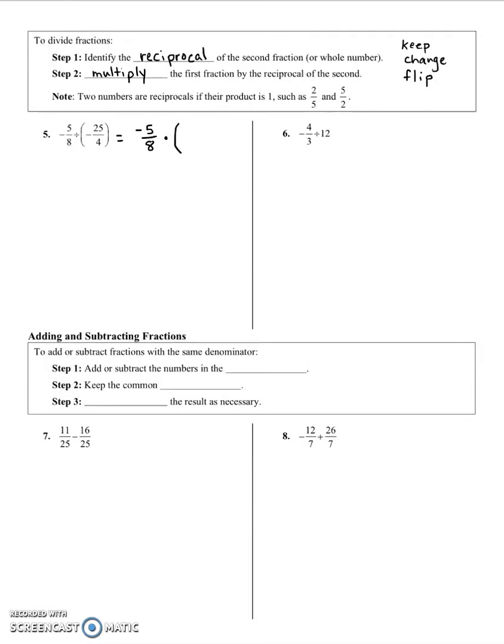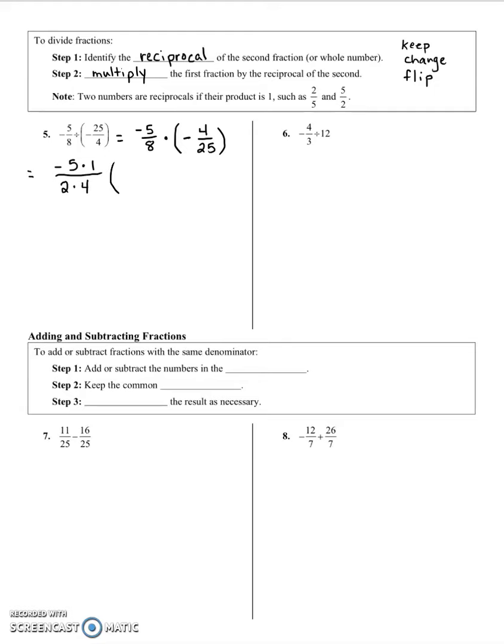So -25/4 becomes -4/25. And now we're back to multiplying. So -5 is -5 times 1. 8 is 2 times 4.